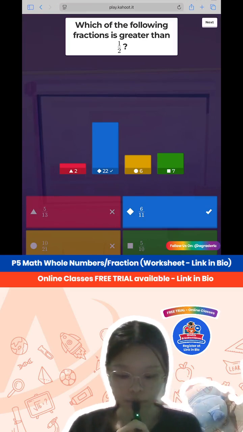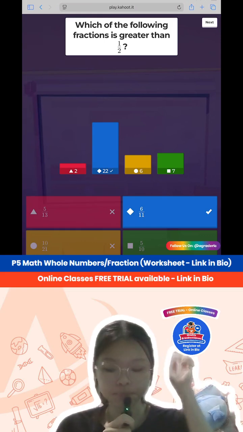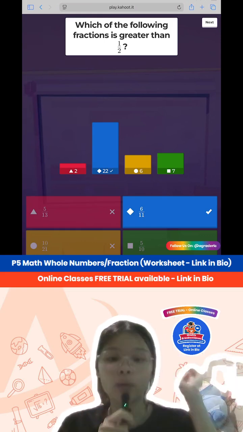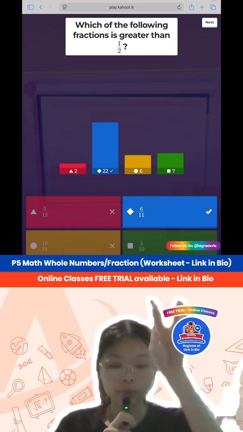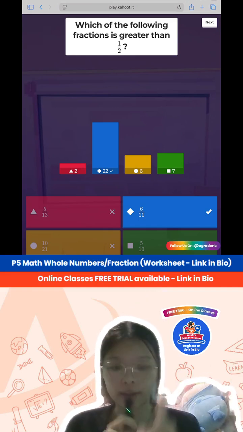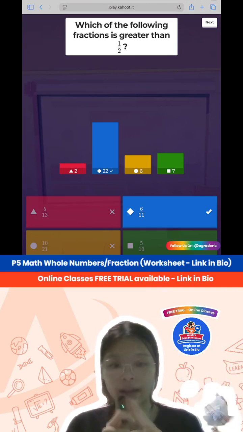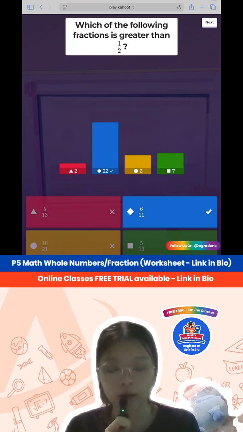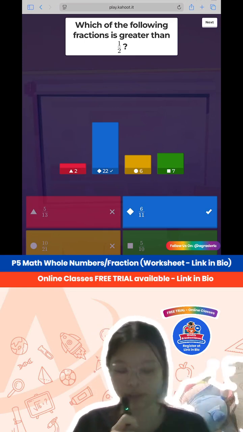Okay, good. Most of you know. Okay, the trick to do this is take the numerator and times 2. Okay, when you times 2, it means you're turning into a whole, sort of. So when the numerator is bigger than the denominator, we know that number is greater than half. If the numerator is smaller, then we know that fraction is smaller than half. Okay, it's a trick for you to know whether it's greater or smaller.